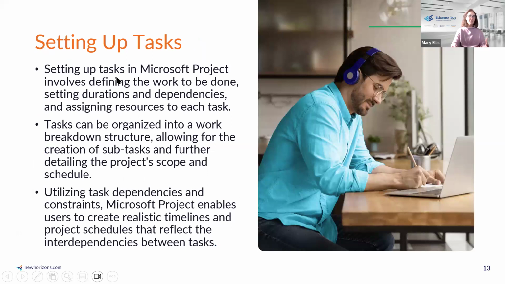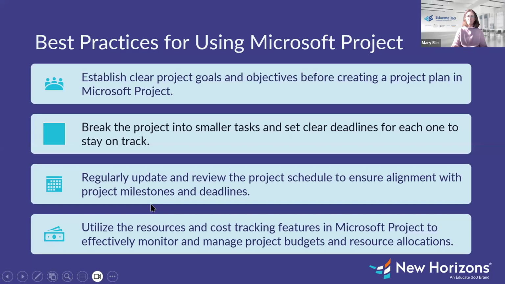We set up our tasks, we organize them, and then we utilize that relationship, the dependencies, and constantly we are chatting with our peers. I don't have to have it as a weekly meeting, but make sure we're double checking. Are we on schedule? How's it going? What do we need to change? And then document those changes in the plan.